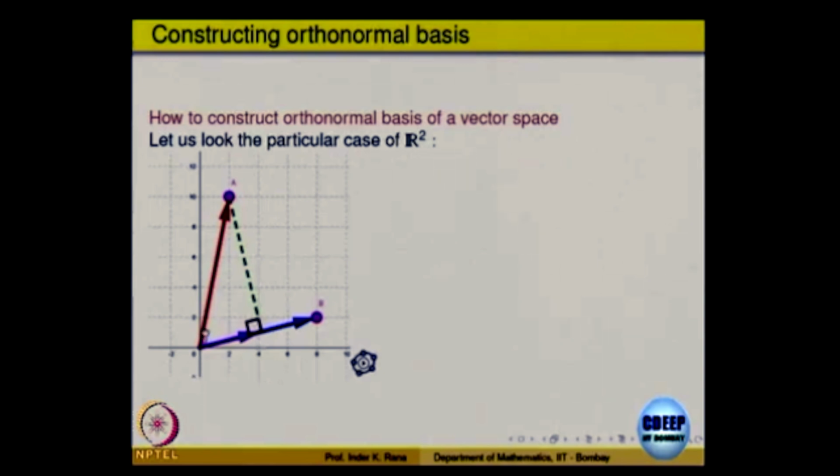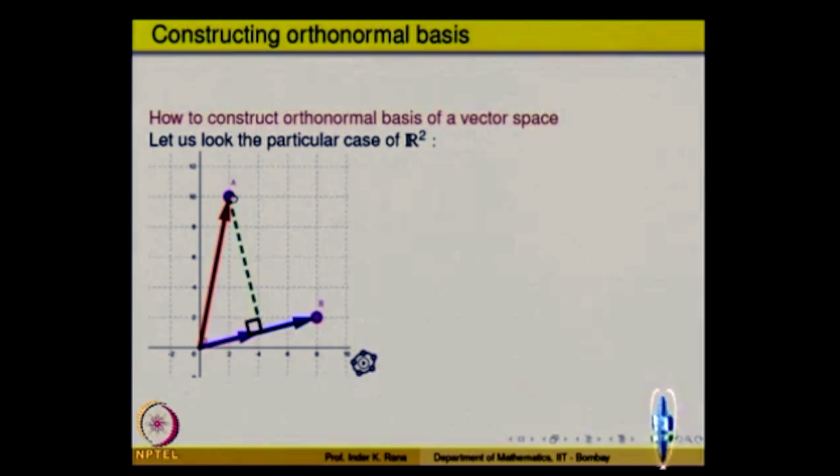Supposing this red one is one vector, and this is another vector. What is called the projection of one vector on the other? Ordinarily we will say drop a perpendicular. Projection is just the shadow of something. If you are standing on the ground, what is your projection?